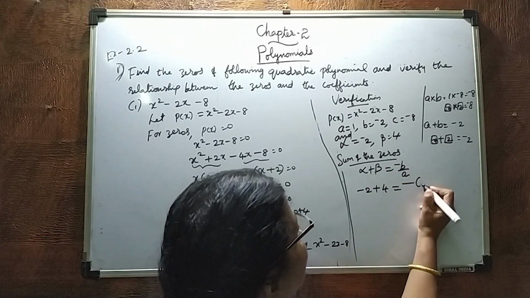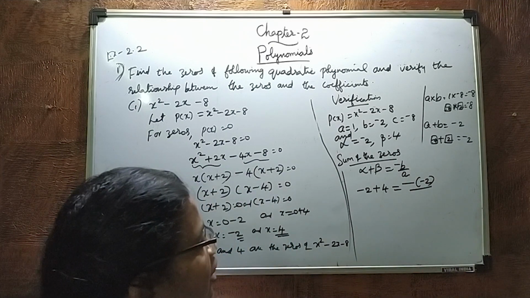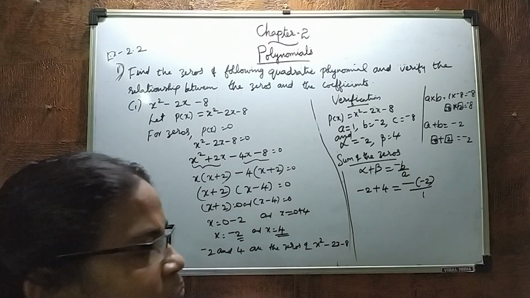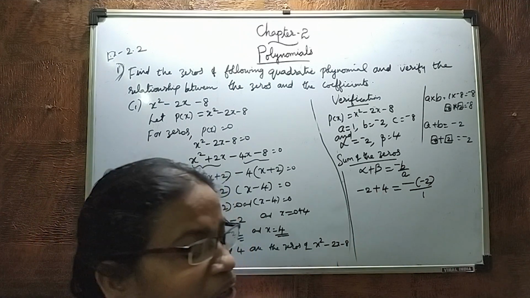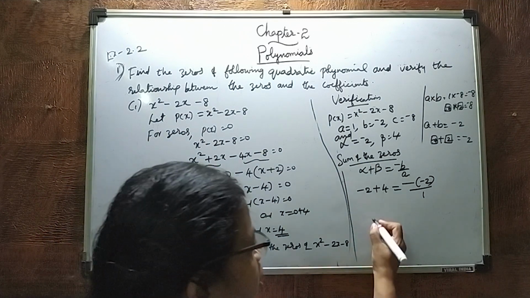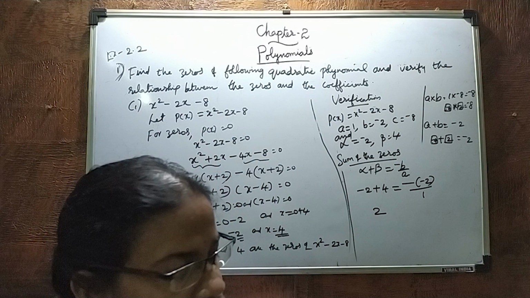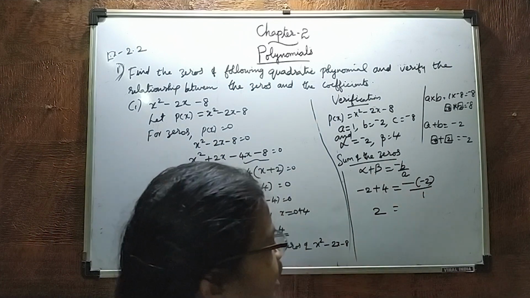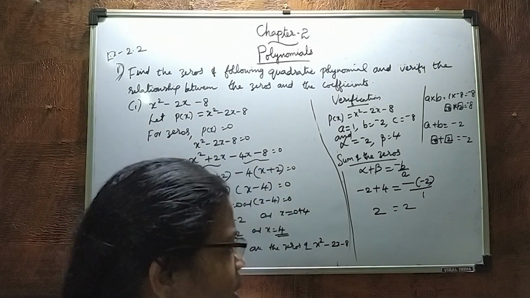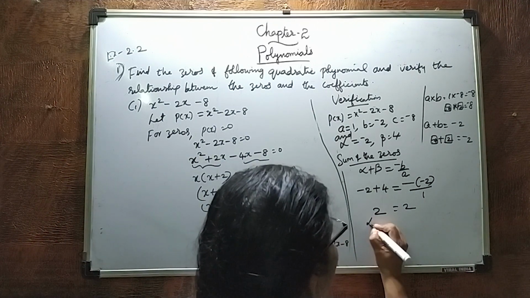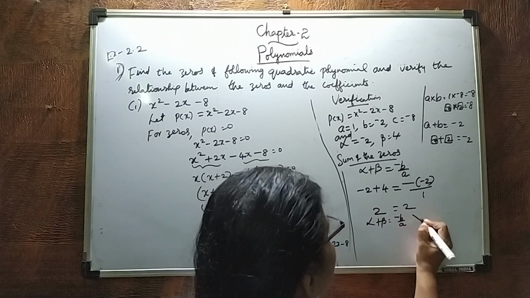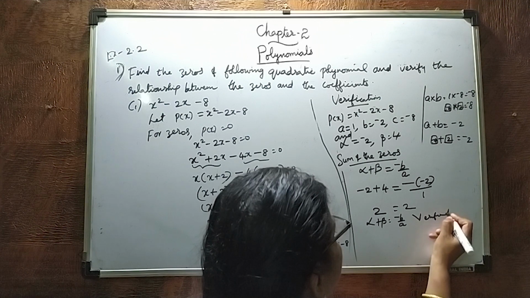What is b? Negative 2 divided by a equals 1. What is negative 2 plus 4? Different sign addition means subtract and put the bigger one's sign. Subtract 4 minus 2, it is 2. Bigger one's sign is positive. Here negative, negative, positive. 2 by 1, you will get the answer 2. That means it is verified that alpha plus beta is equal to negative b by a, verified.